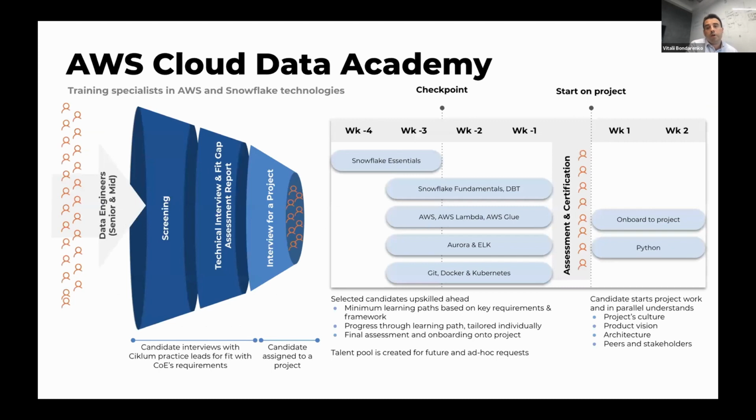So if we look at the way we train people, we propose to join the data academy, where we have different streams, and 3 specialists at the moment are involved in this process: the head of the data management unit, the learning and development consultant who coordinates the whole academy, and also the technical specialist who is responsible for answering questions and mentoring the participants.